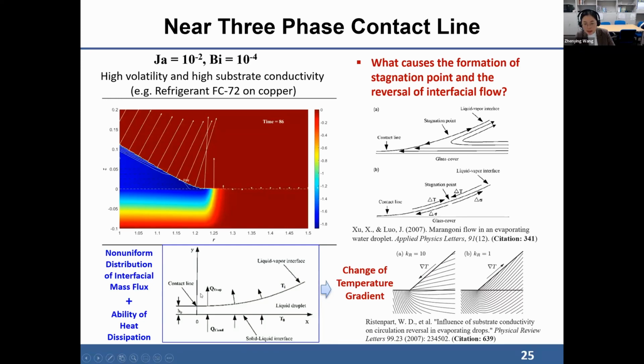As we know, the interfacial mass flux is much stronger near the contact line than in other areas. So the non-uniform distribution of the interfacial mass flux and also the ability of heat dissipation into the substrate, these two mechanisms lead to the change of the temperature gradient near the contact line area.